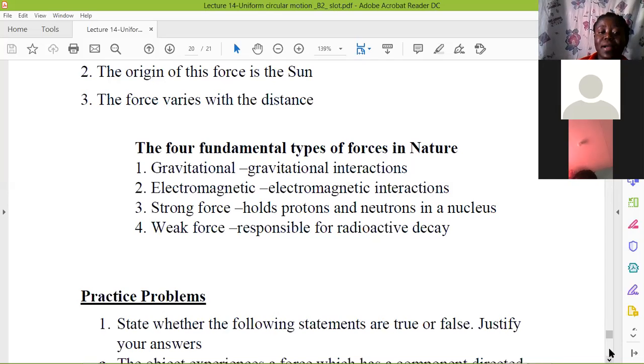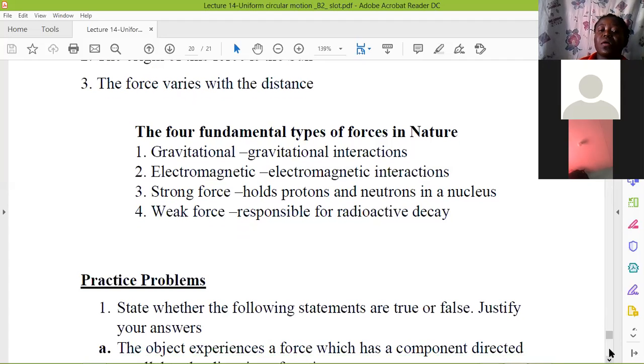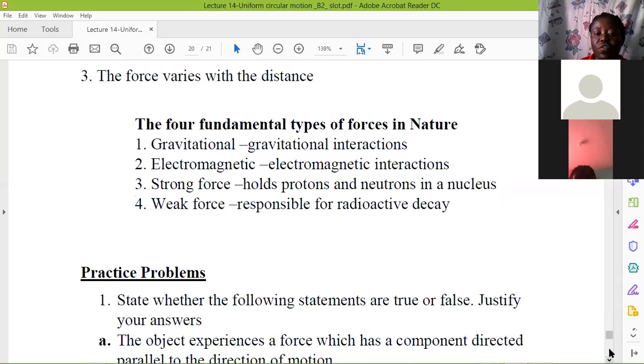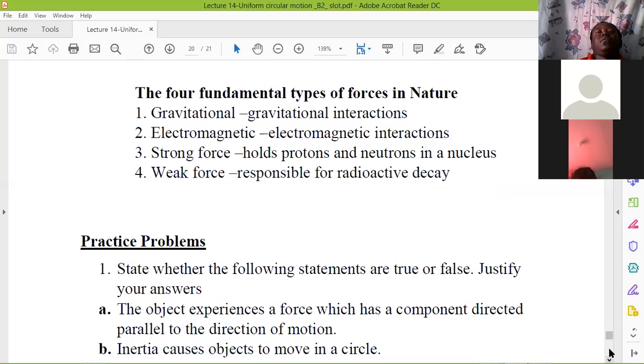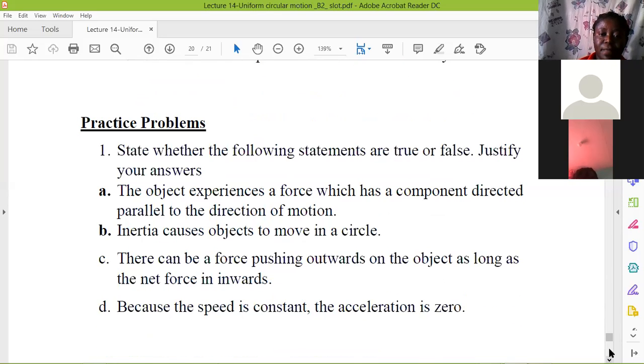We have the electromagnetic force, due to electromagnetic interactions, which is also involved with things like microwaves and so forth. We have the strong force, which holds protons and neutrons together, and then we have the weak force, which is mostly responsible for radioactive decay.